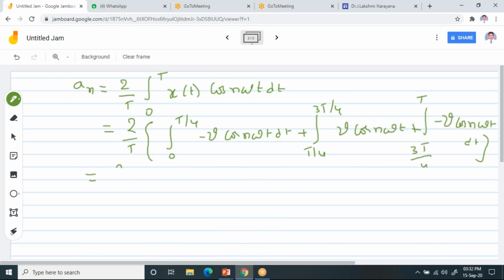I am going to take it outside, so I can write 2V by T integral 0 to T by 4 of minus cos n omega t dt plus integral T by 4 to 3T by 4 of cos n omega t dt minus integral 3T by 4 to T of cos n omega t dt.